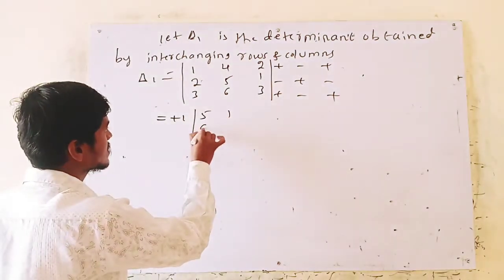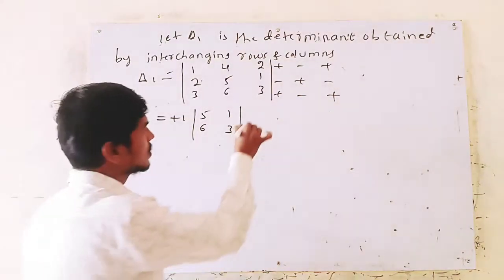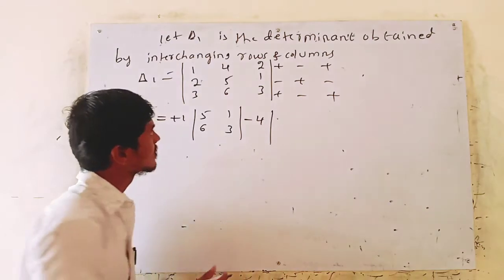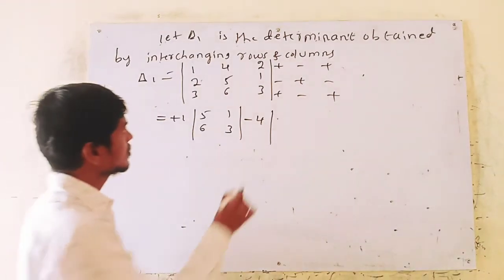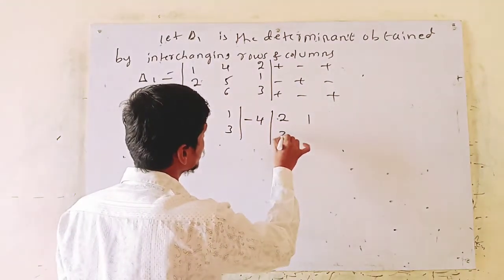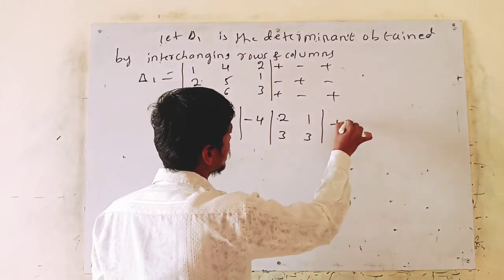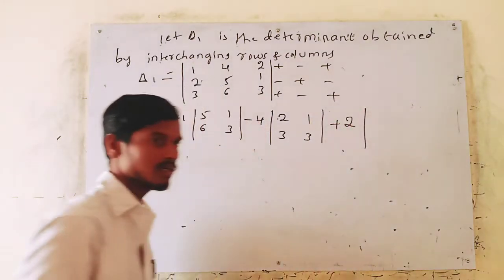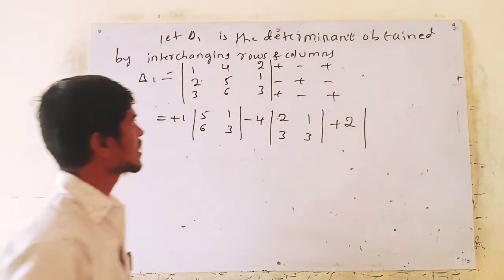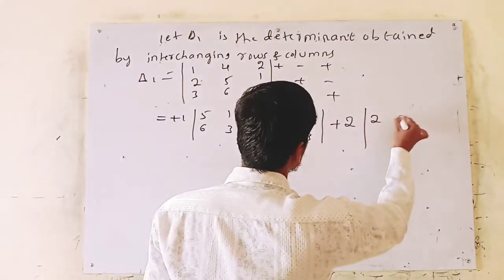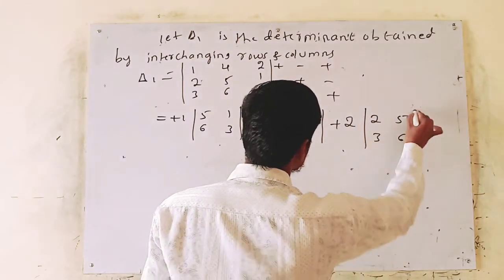5 1 6 3, and come to minus 4. Leave the elements along R1 and C2. Elements are 2 1 3 3, and 6.